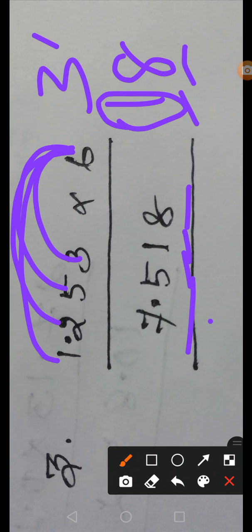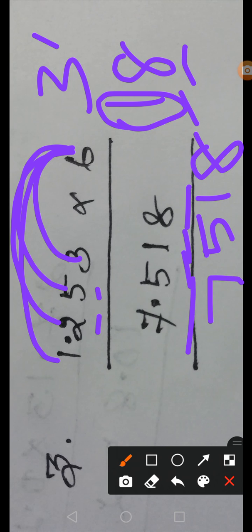So we get 7518. In the given question there are three numbers after the point. So back to front, 1, 2, 3, three numbers from the back we put the point, and we get 7.518.